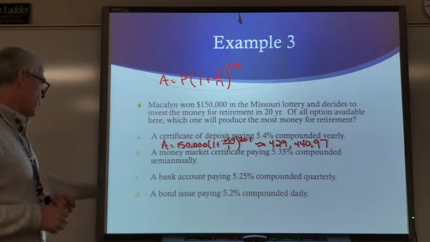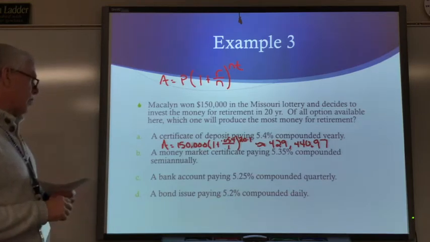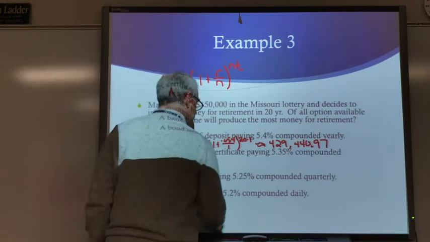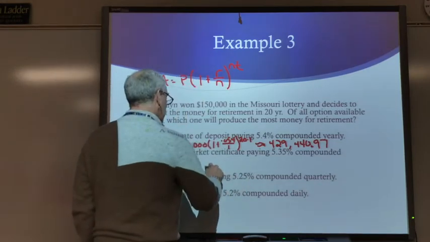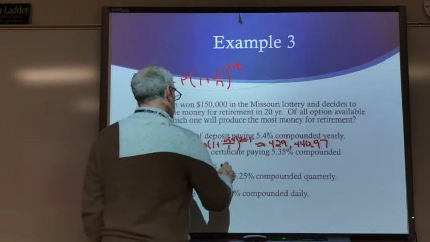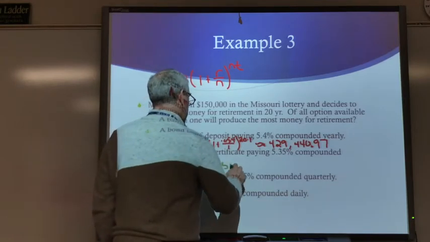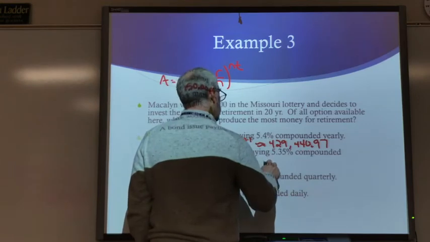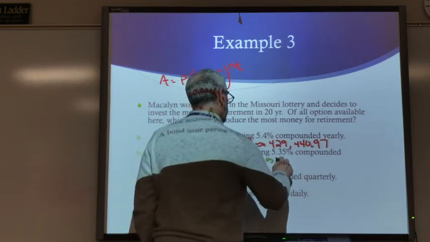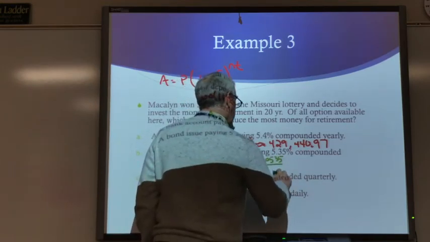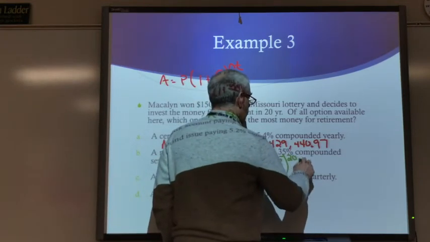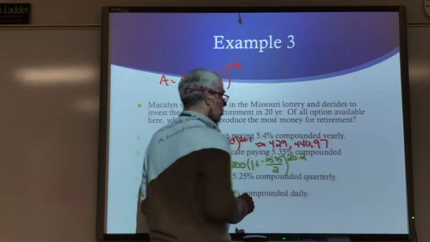Okay, the second one, a money market certificate paying 5.35% compounded semi-annually, which means twice a year. So here I'm going to go principal, your 150,000, 1 plus 0.0535 compounded semi-annually, so divided by 2, raised to the 20 for the number of years times 2, which is n.